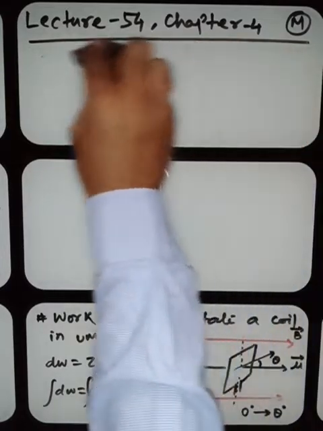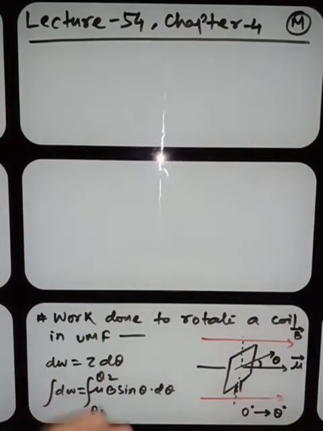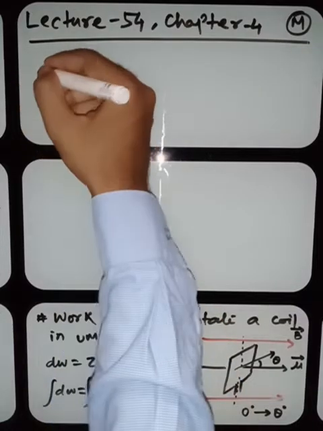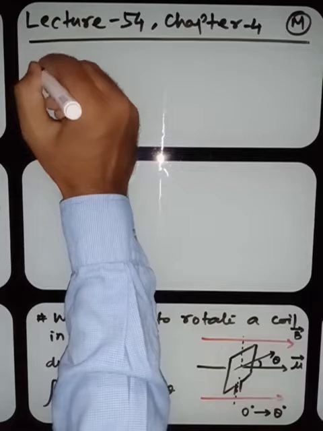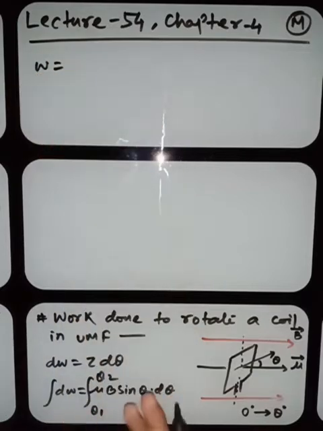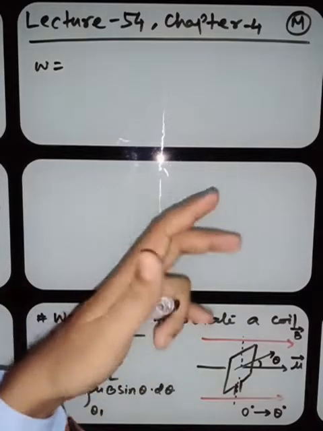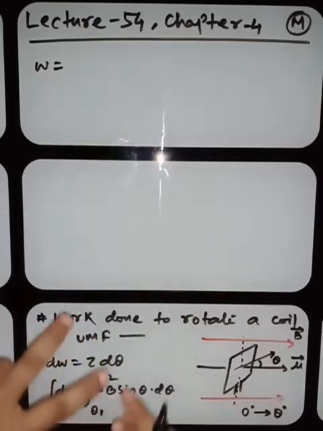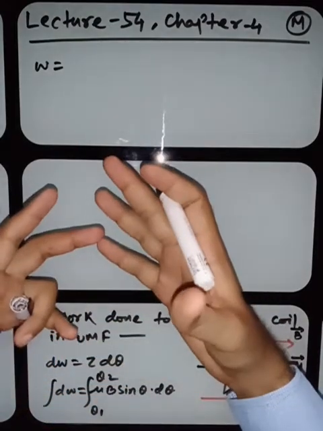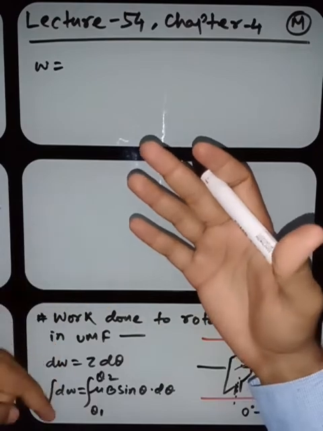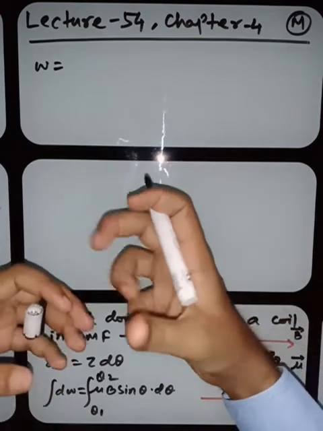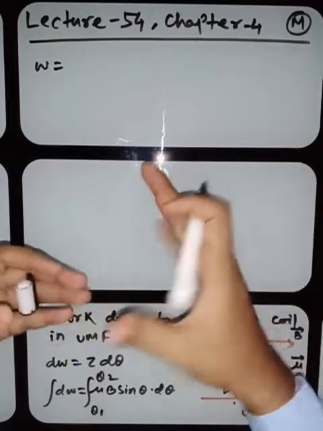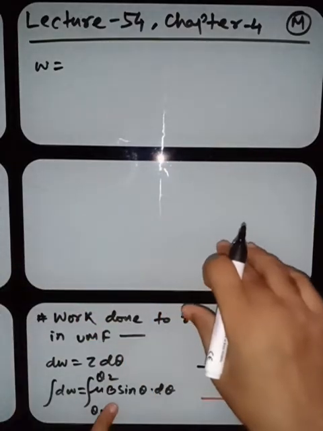Now I hope that you can find the result, but let me help you. W is also considered the potential energy of a coil inside a magnetic field. Remember, this is also called the potential energy inside a magnetic field. The change in work done gives the potential energy, so the total amount of work done to change the orientation is stored as potential energy.